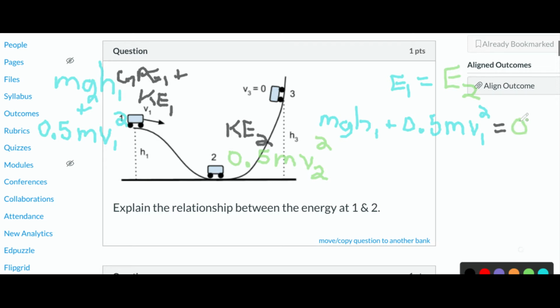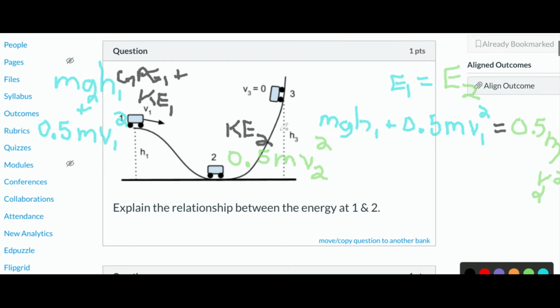So at E2 it's 0.5 m v2 squared, and those are all multiplied together. So I have now substituted the variables.